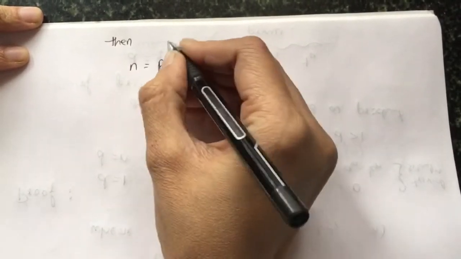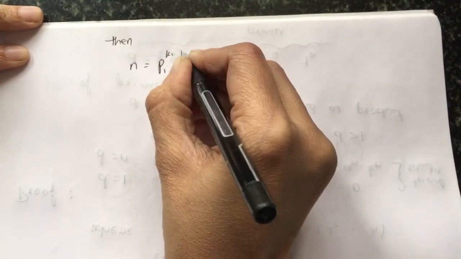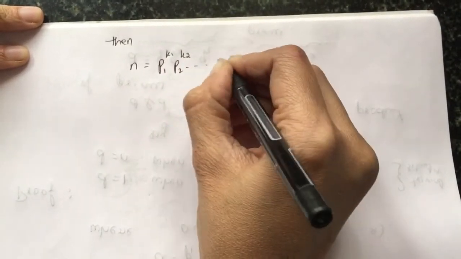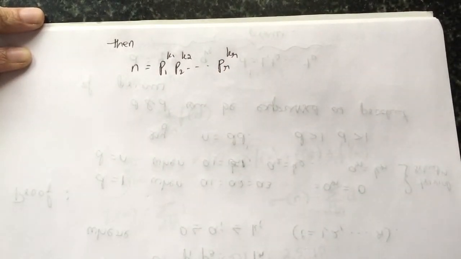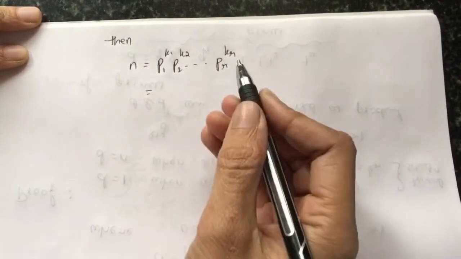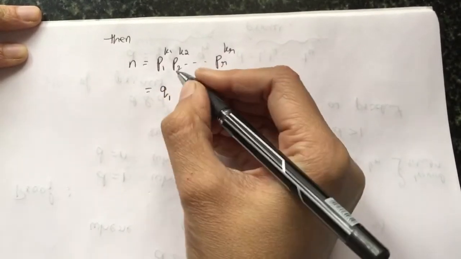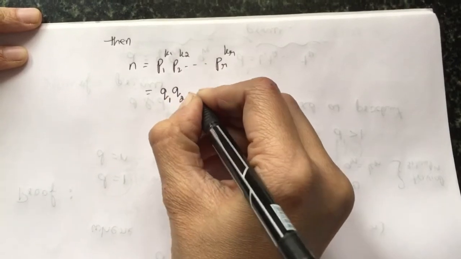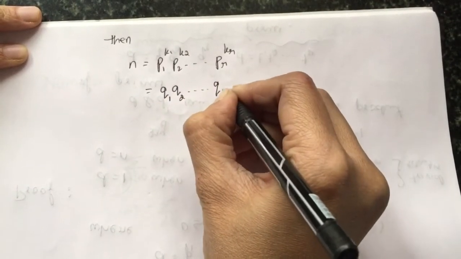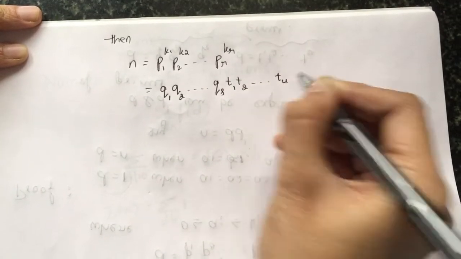Then I can write n equal to, I know n equal to p1 power k1, p2 power k2, up to pr power kr, right? Now when it is written d into d dash, this can be written as q1 into q2 up to qs and t1 into t2 up to tu, right?